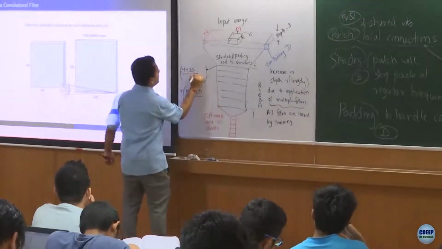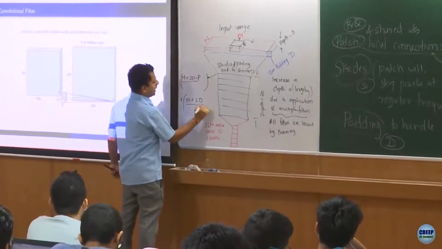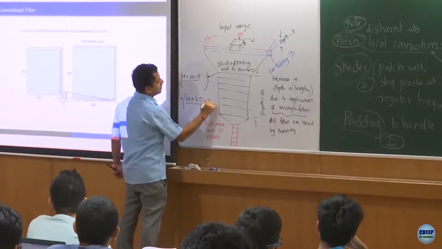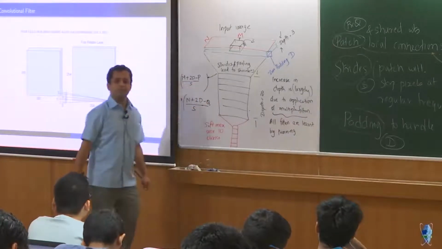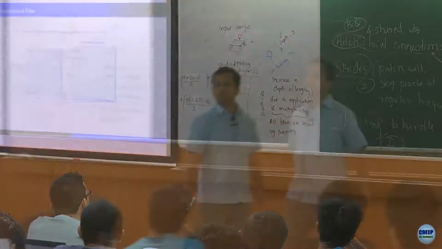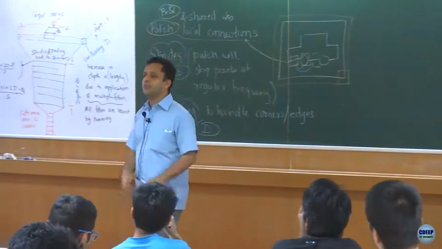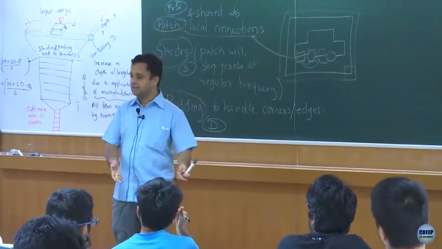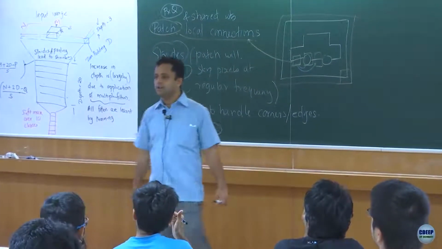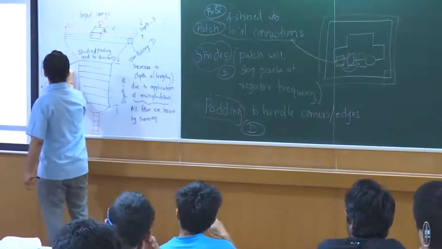So that will be m plus 2d minus p, n plus 2d minus q, divided by S. Have we missed out something? Whole thing plus 1. Why are we talking about plus 1? Because of the place where you started. The offset from where you began needs to be added, plus 1.